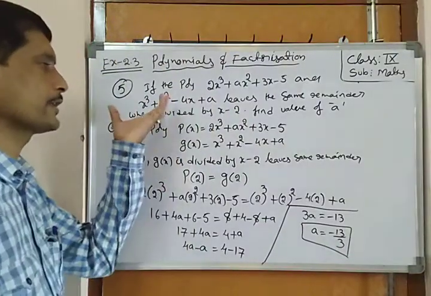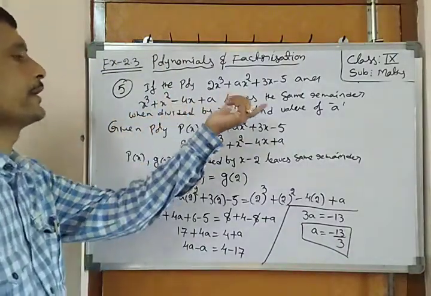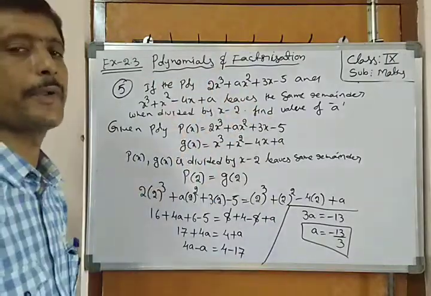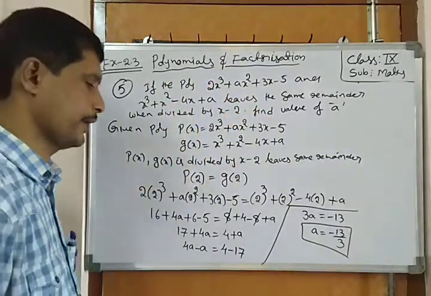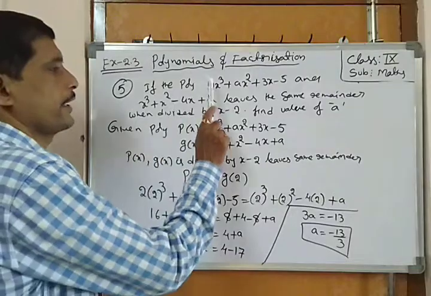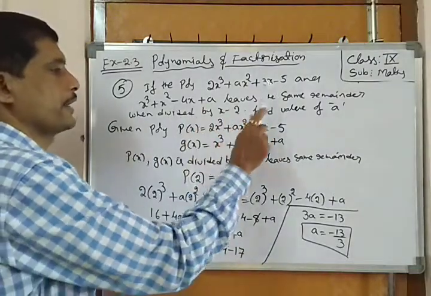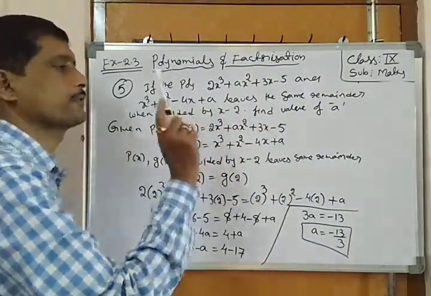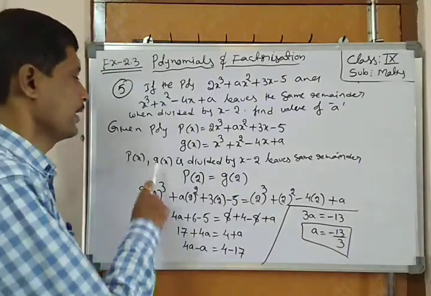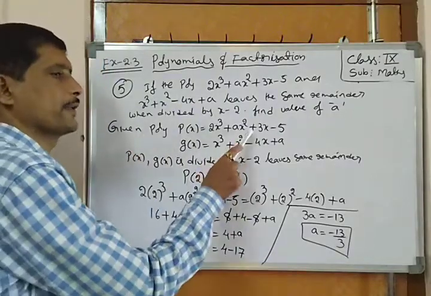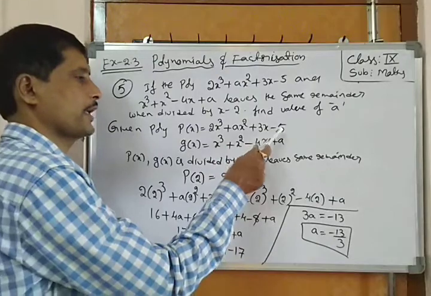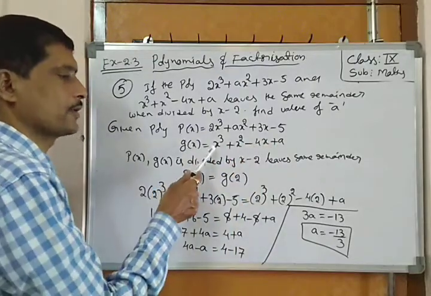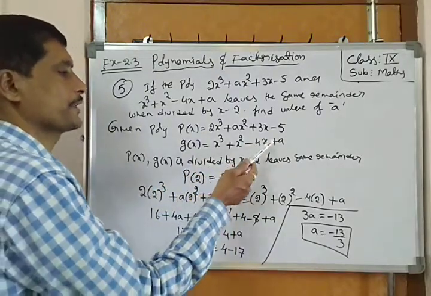Therefore p of x and g of x divided by x minus 2 leave the same remainder, otherwise not equal. One more time: two polynomials are given that leave the same remainder when divided by x minus 2. Find the value of a. Given p of x equal to 2x cube plus ax square plus 3x minus 5, and g of x equal to x cube plus x square minus 4x plus a.